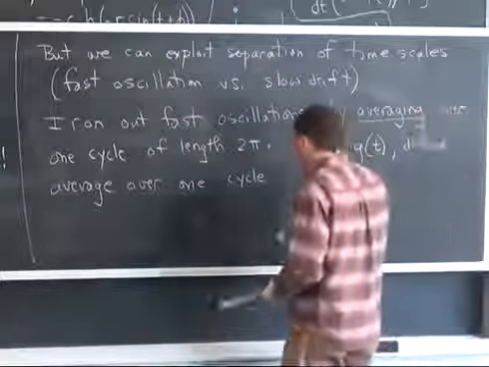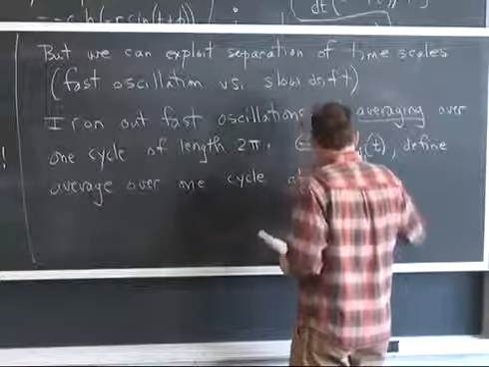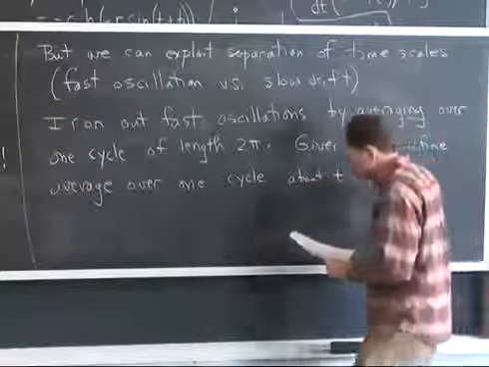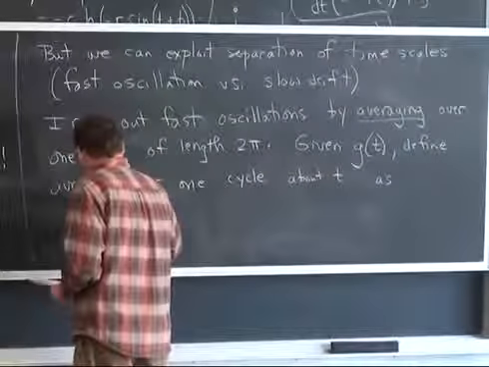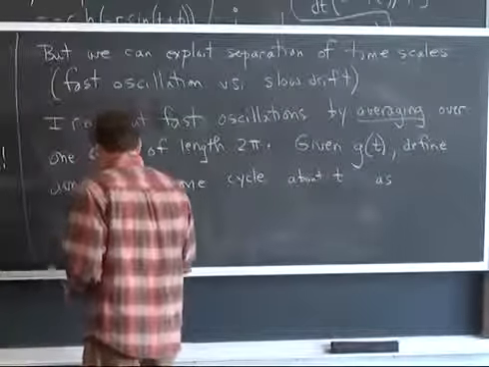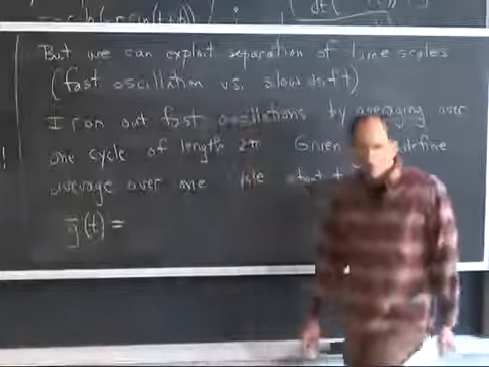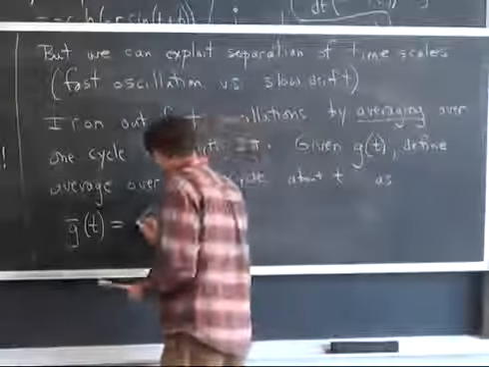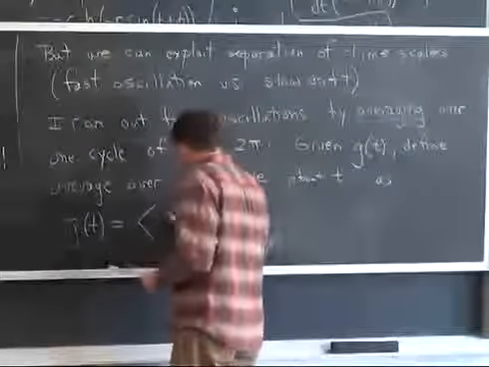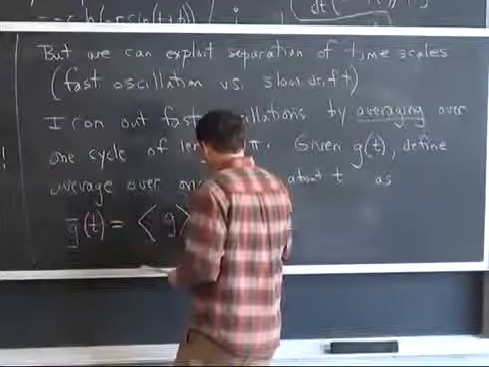So average over one cycle about the point t as, I'll call it g bar of t. So the bar means average. Sometimes, though, when I want to think of averaging as an operation, I'll use angle brackets. So I might also write it like this, the average of g regarded as a function of t.